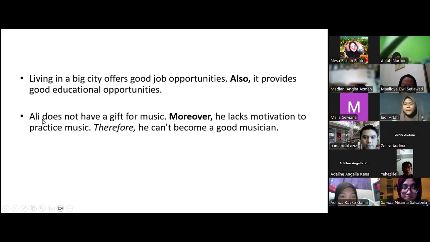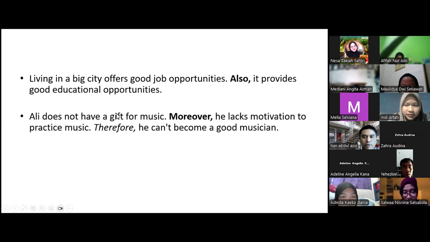The first sentence, the situation is that Ali does not have a gift for music. This is an unintended situation. And the second sentence also indicates an unintended situation: he lacks motivation to practice music.